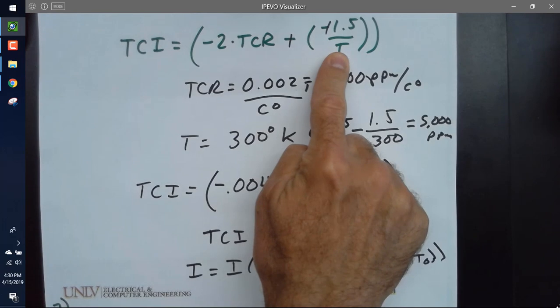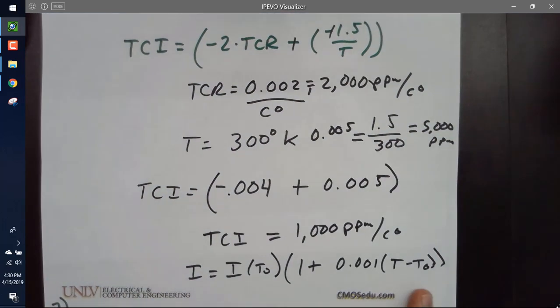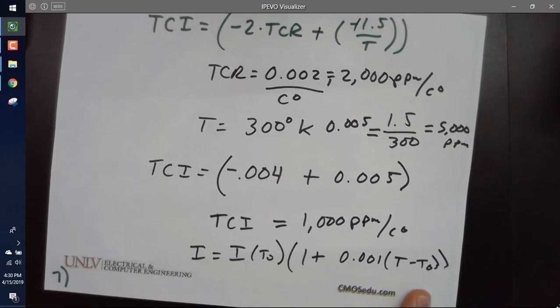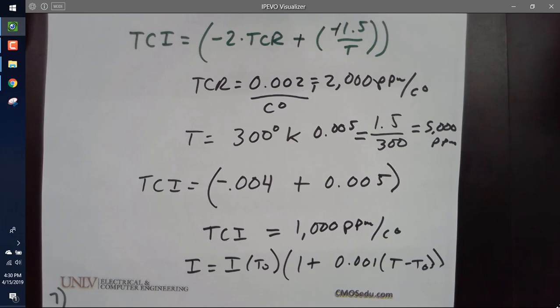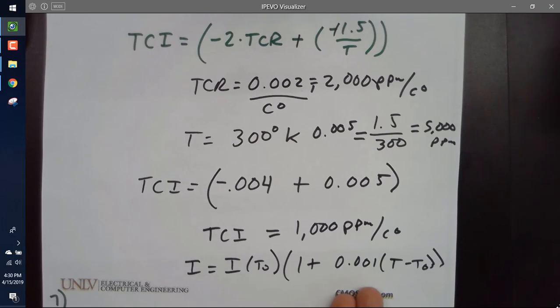And if I change this temperature, the temperature coefficient is going to change as well. That's like small signal analysis. I do a small signal analysis at one DC operating point, but if I change the DC operating point, my small signal analysis is going to change and the parameters will shift a little bit. But you can do it at different temperatures and different places, but if it's linear, then this will work.